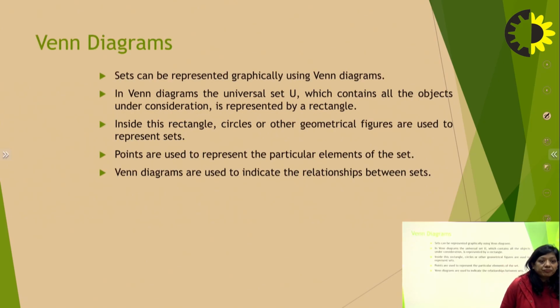Next, Venn diagram. We can represent a set graphically by using a Venn diagram. In a Venn diagram, the universal set U, which contains all the objects under consideration, is represented by a rectangle.